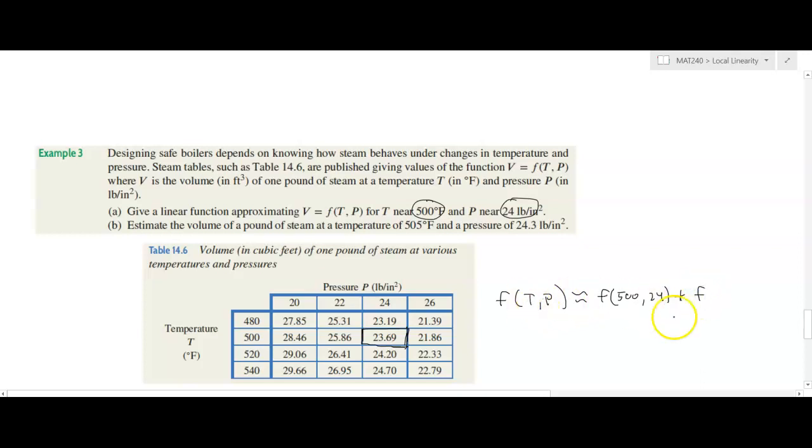Since t is like our x, we'll say f sub t, so how much the volume changes per unit change in temperature, evaluated at 500, 24, multiplied by the difference between the temperature and 500. So that's t minus our a value, plus f sub p at 500, 24, multiplied by the change in our pressure relative to 24, so p minus 24.